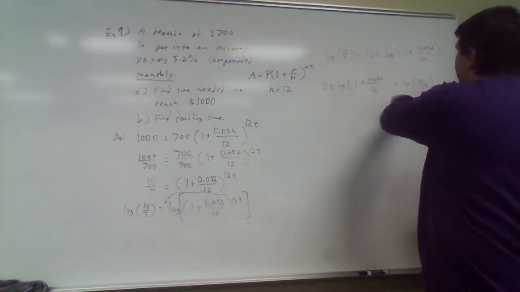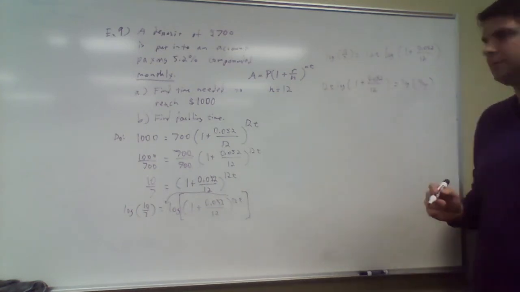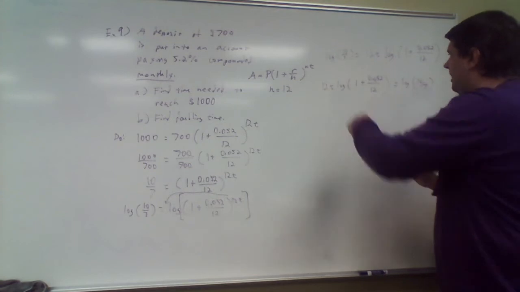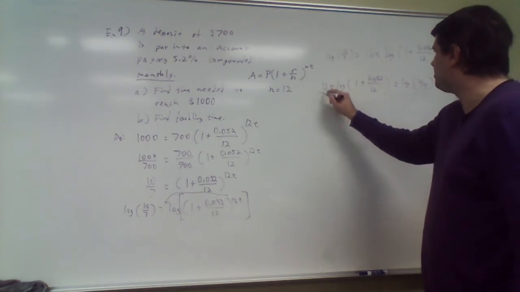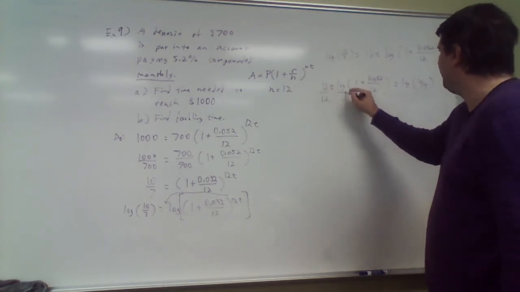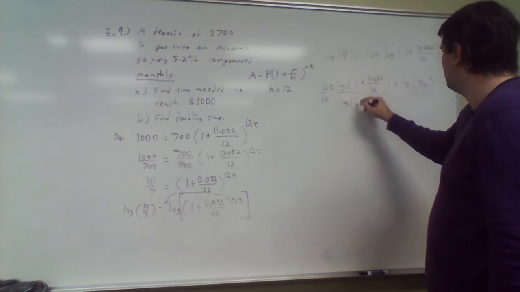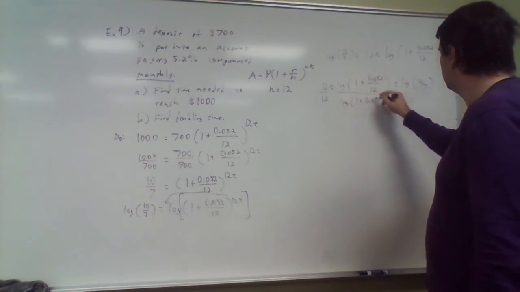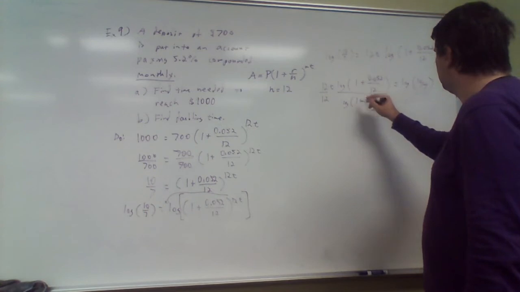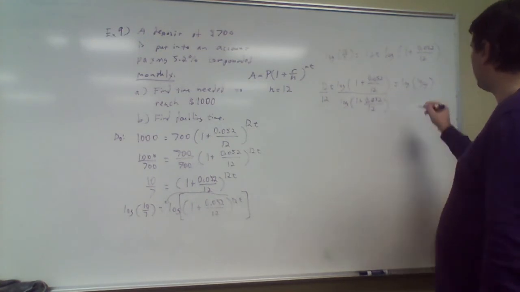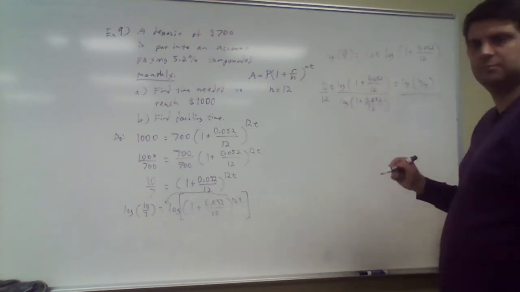So I've just put this here, I put that here. You're going to want to isolate the t by dividing by 12 and this. All right, and you're going to do that to both sides.